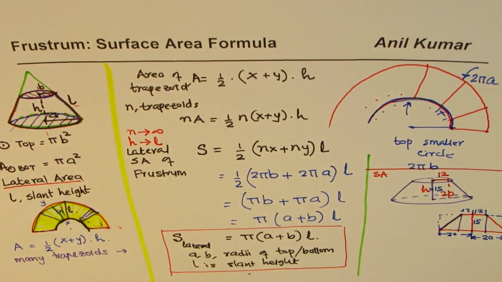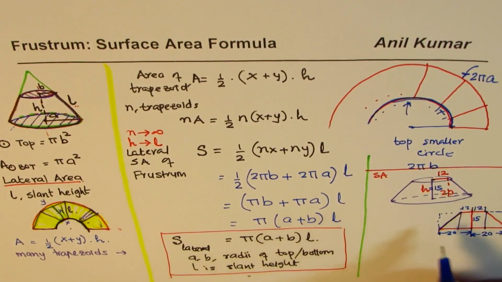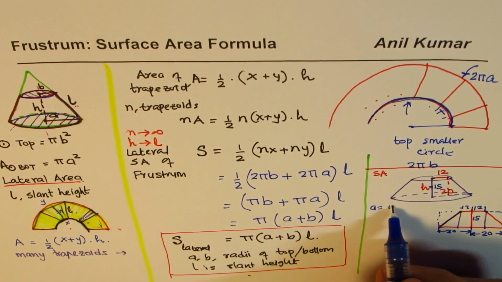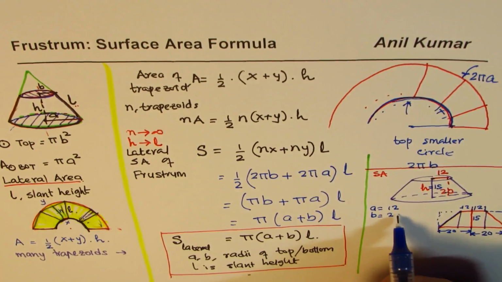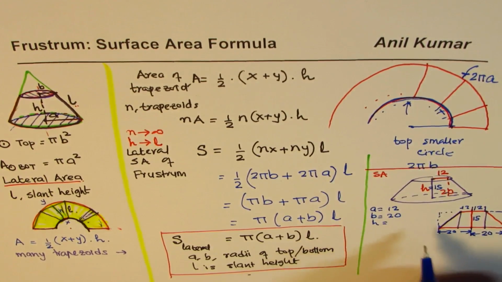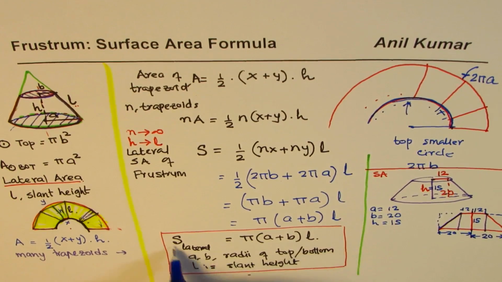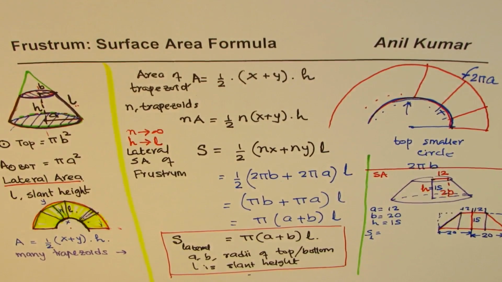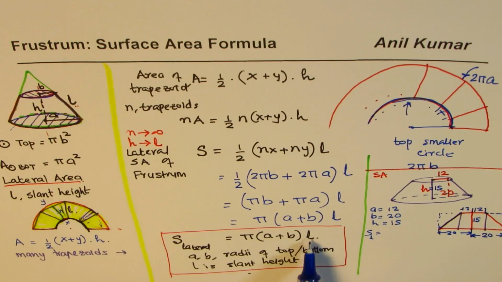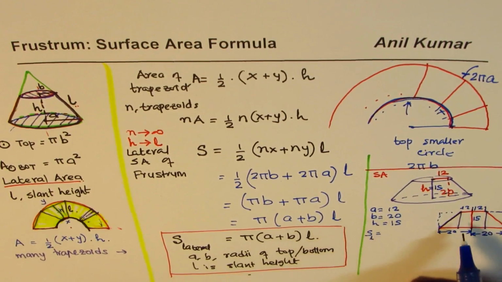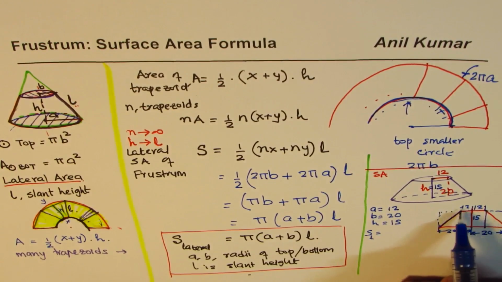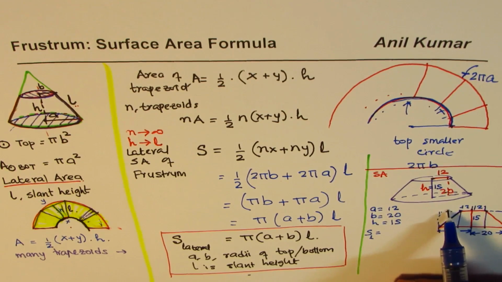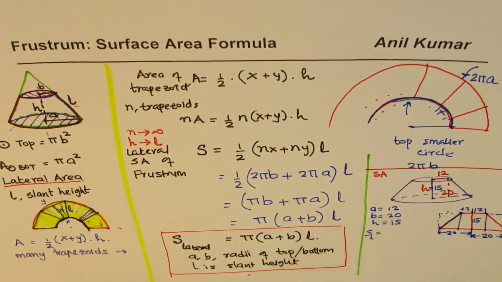In this case, we are given that A, the smaller one, is 12, B is equal to 20, and height is equal to 15, and we need to find the lateral surface area. Then to use this formula, you need to find what L is, not the height, which you can calculate knowing this. So if this is 20 and that is 12, what is that? 20 minus 12, correct?